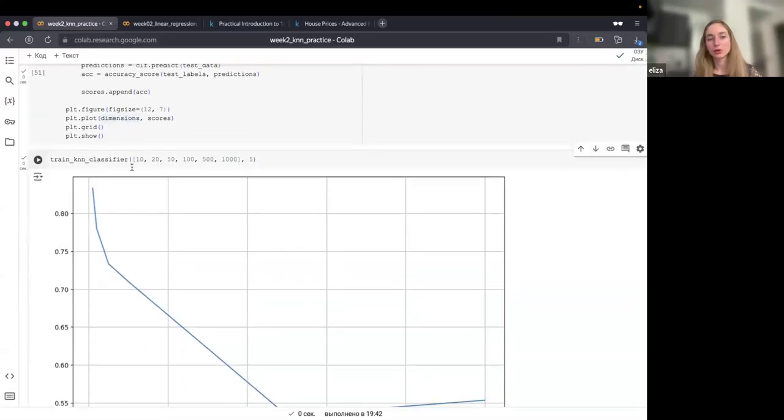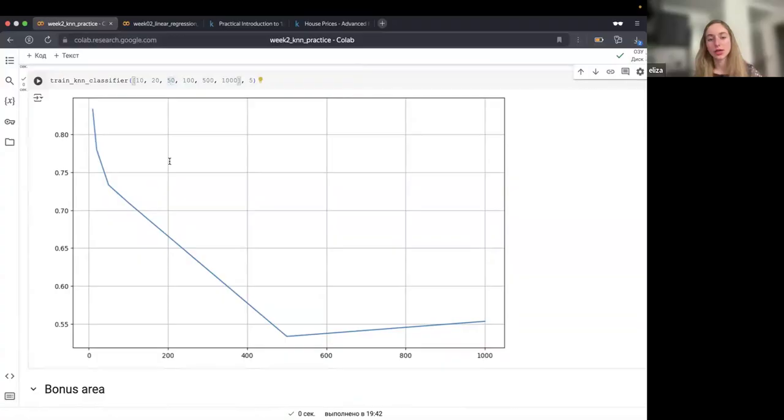And you consider cases with 10 features, 20 features, 50 features, and you see that with only 10 features you get enough accuracy, but if we consider 1000 features, it's really close to a random result.